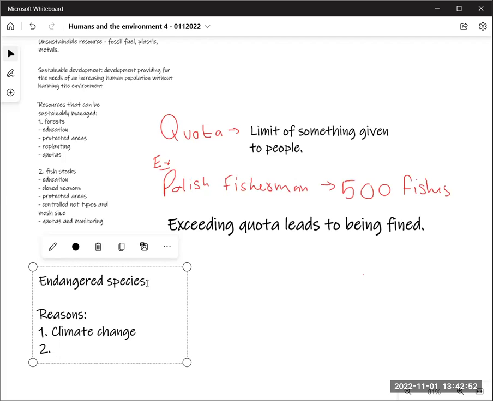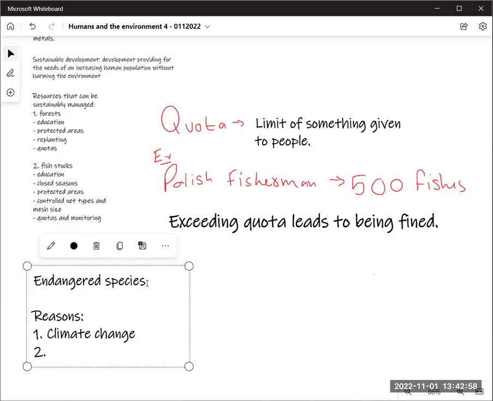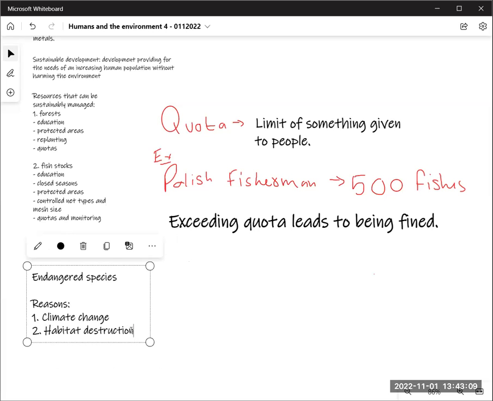The water goes away, the trees die, and if the trees die, then animals cannot live on the trees. Those trees on which the animals live are called habitats. That's where habitat destruction comes in. If you destroy the house of someone where they live, that is basically the habitat, then they cannot live there anymore and they don't have a house, they will not survive.